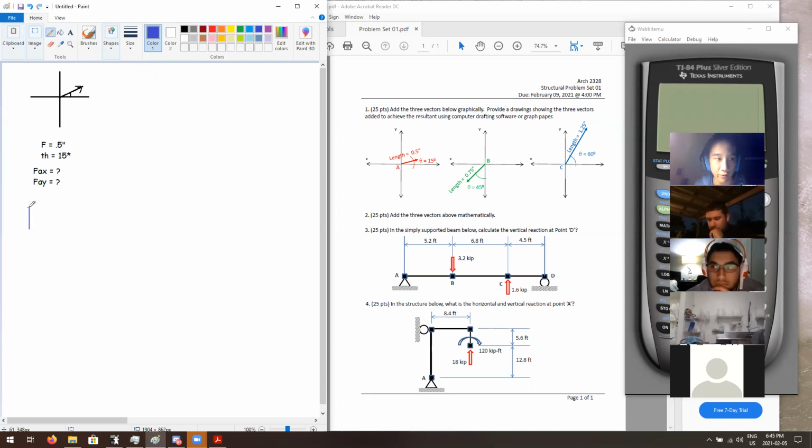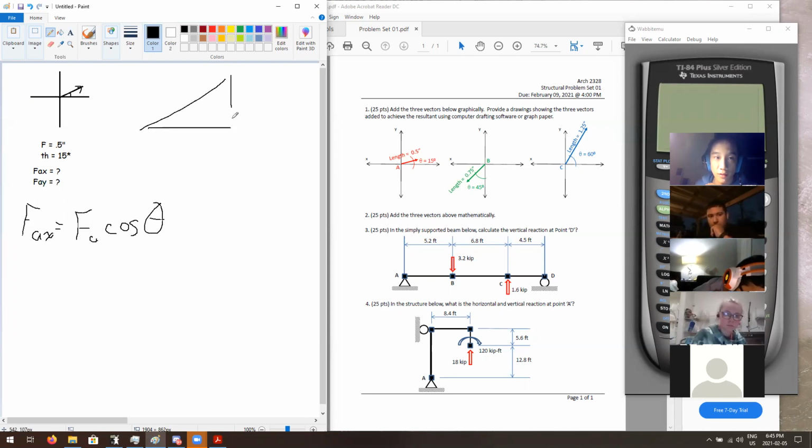So F sub A x equals F sub A cosine of theta, right? We're taking the cosine, the adjacent side right here. If this is theta, this is the hypotenuse, this is adjacent, this is the opposite. We're taking the adjacent side, the x component.